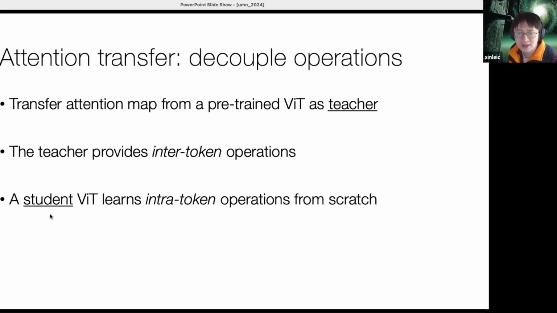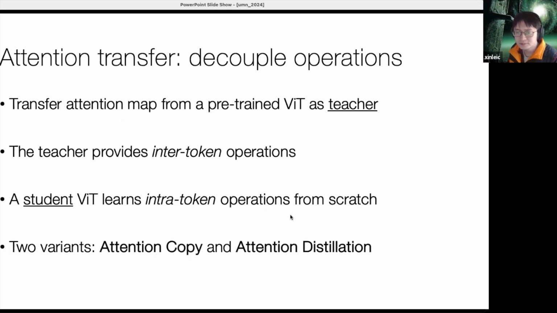And then a student ViT will learn the intra-token operations all from scratch. And we tried two variants. So one is attention copy, the other is attention distillation. They both fall within this paradigm of attention transfer.